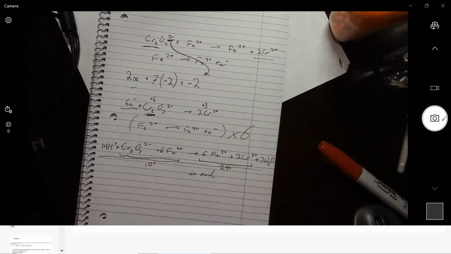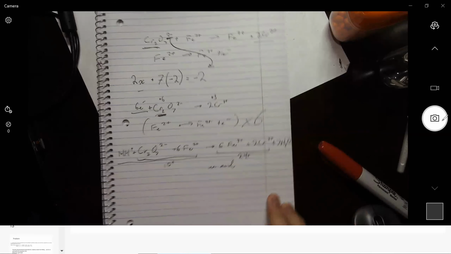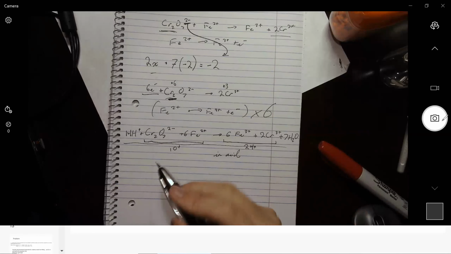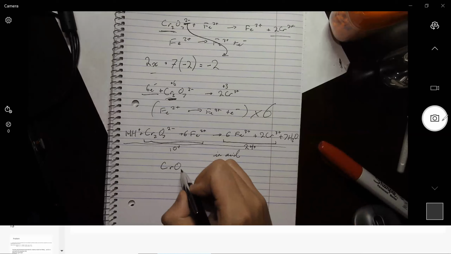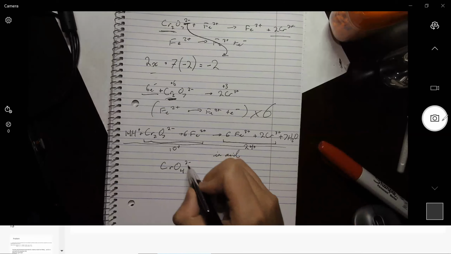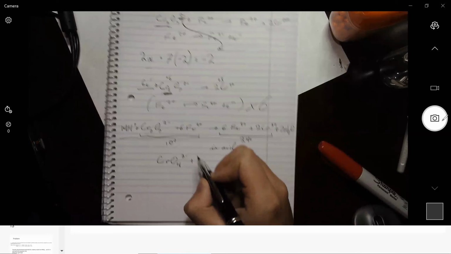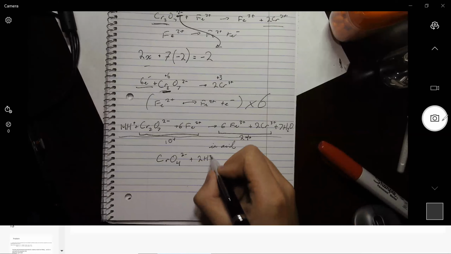And just some interesting fact about dichromate. So this ion is called the dichromate ion. And we have this equilibrium, if I remember correctly.